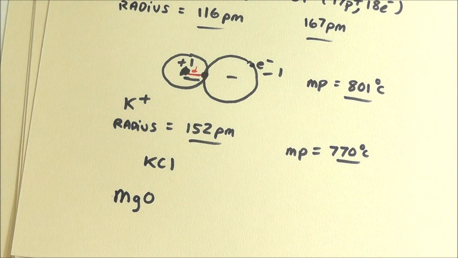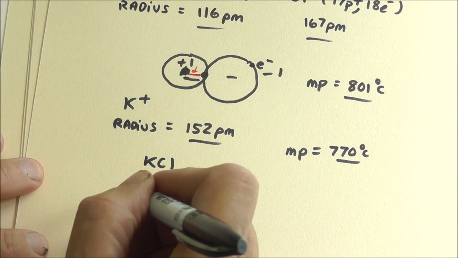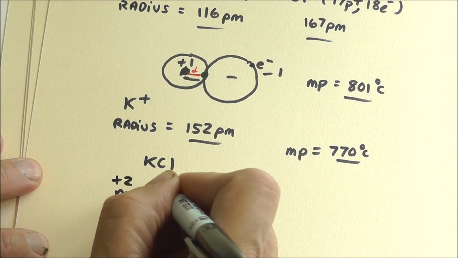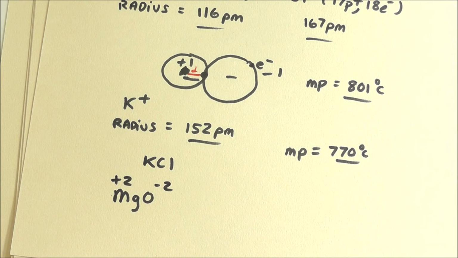It's in the second period, so you've got about the same size as sodium, smaller than chloride. But if you were to look up its melting point, what would you think it would be? Well, remember, that's a +2. That's a -2. And so what sticks together better, a +1 and a -1, or a +2 and a -2? Yeah, you're right. A -2 and a +2.